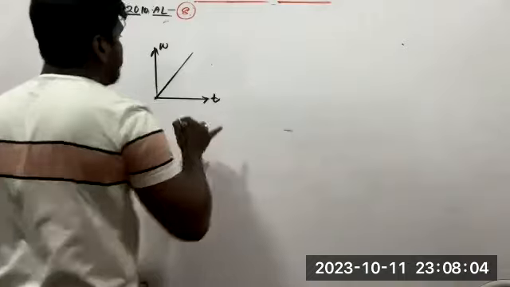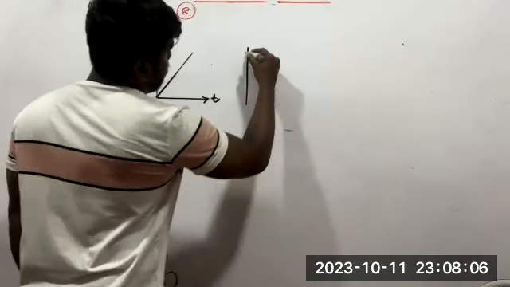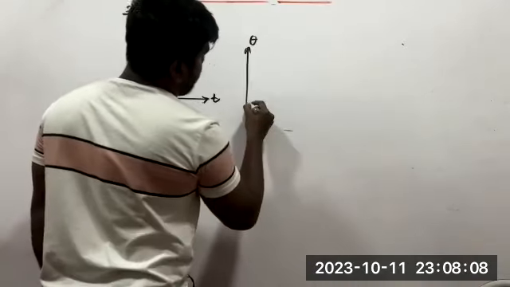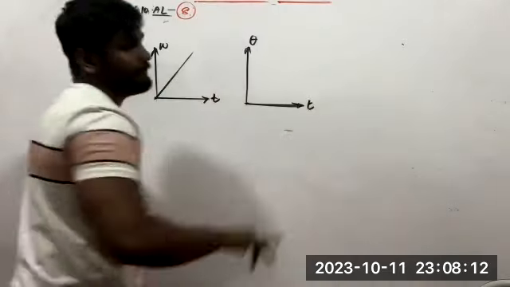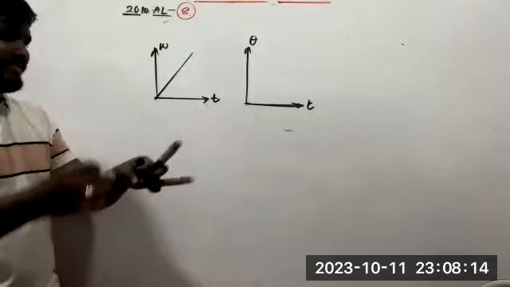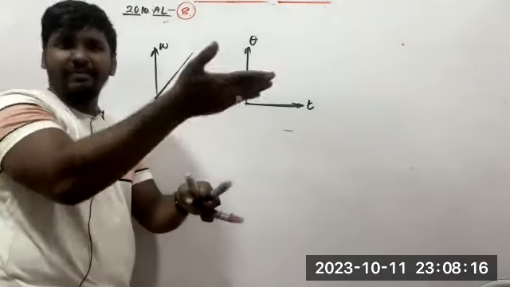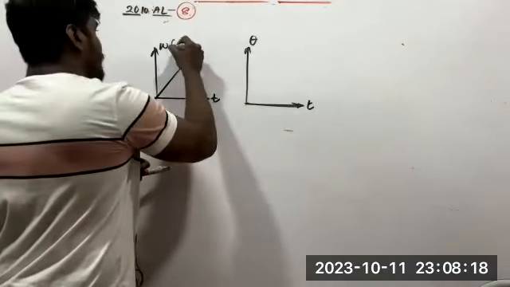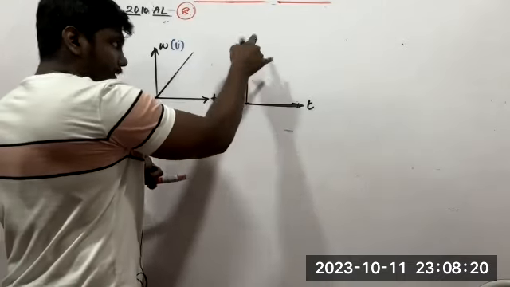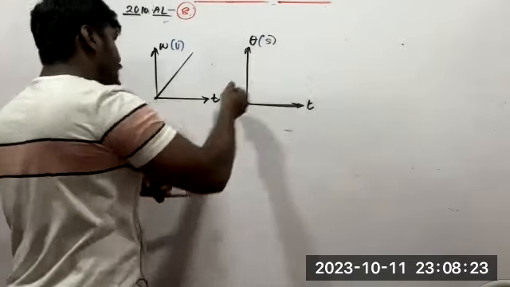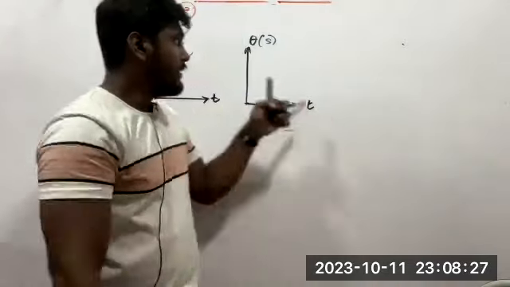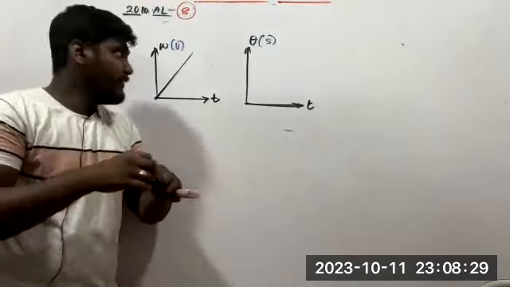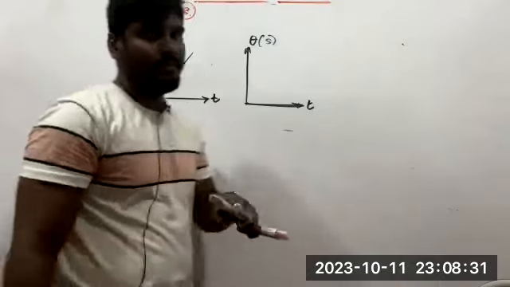Very easy. Angular velocity in linear motion is velocity, and angular displacement is displacement. You want to convert Vt into St. How do we convert a Vt graph into an St graph?